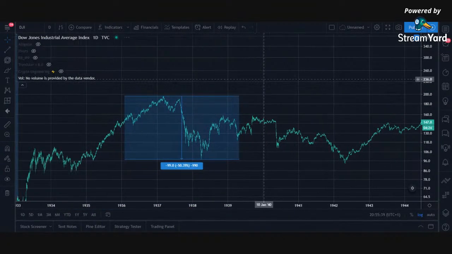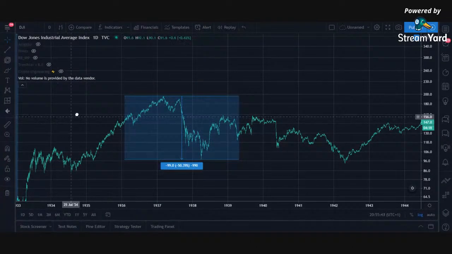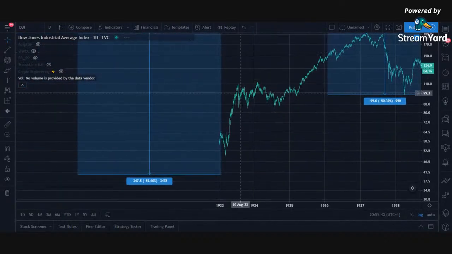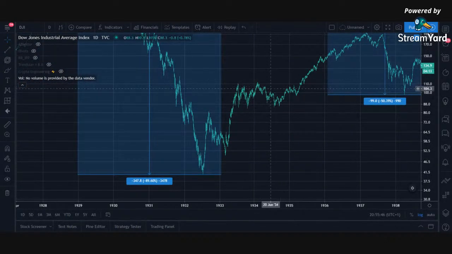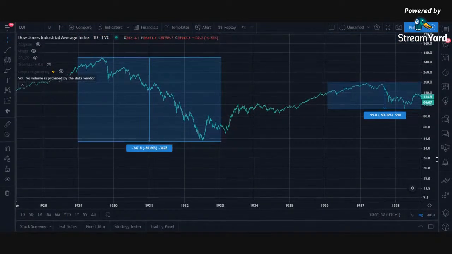It's incredible how many times that has been happening throughout history. So 50% it lost in here as well. And I guess this is the one. This is the big one. Here we are. So the top was August 1929, and the bottom was made on July 8th, 1932.